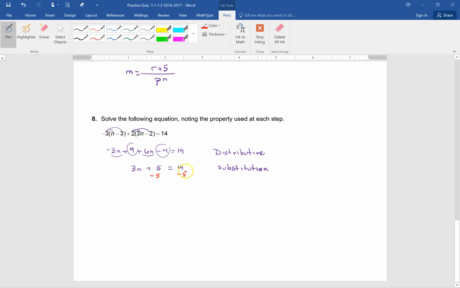Minus 5, so I get 3n equals what? 9. What have I done? Addition, subtraction. Now what am I going to do? Divide by 3, so n is equal to 3. Division, multiplication. Okay.